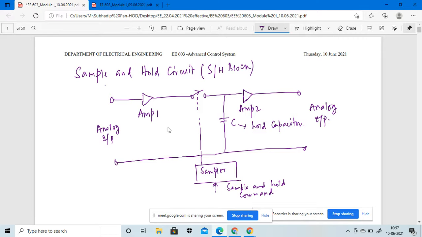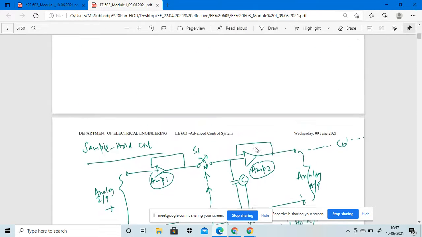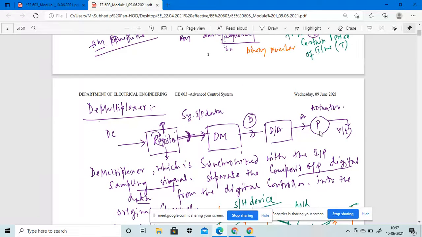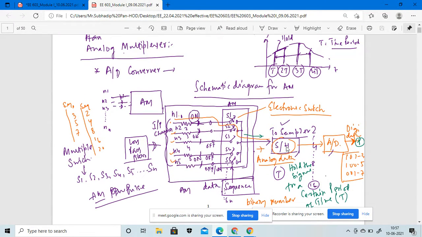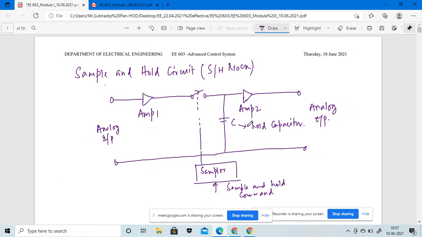So this will be the illustrated diagram for the sample and hold circuit, showing how it will operate.